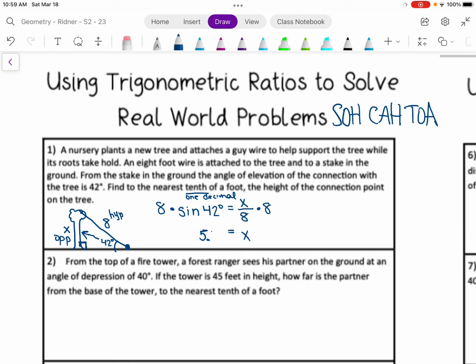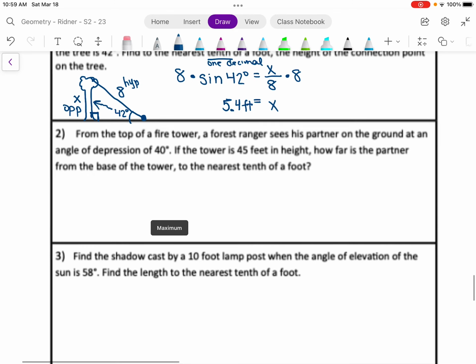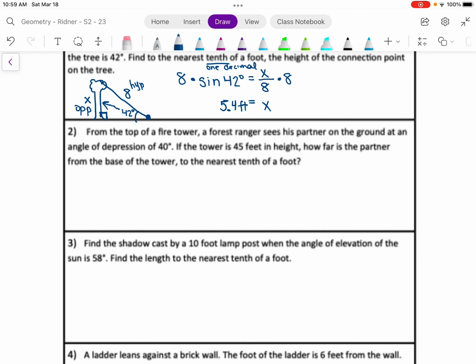So x equals 5.4, and it was in feet. So 5.4 feet. Okay. The hardest part of these problems are actually just setting up the problem. So I'm going to do one more with you and then visit class notebook for any of the rest of them, but make sure you practice these on your own.